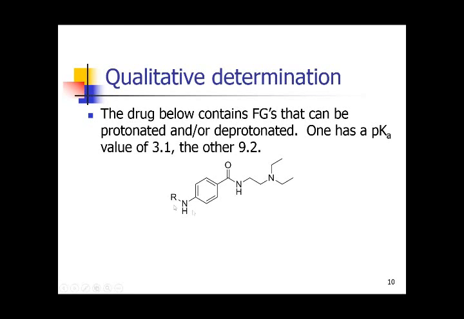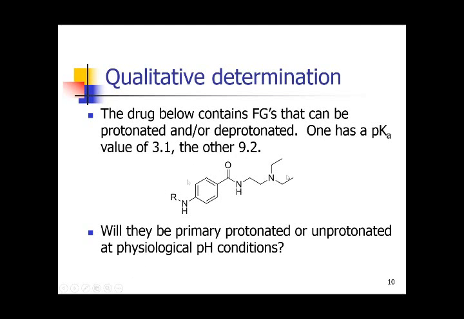If I protonate here, put an H on this nitrogen, it will have a pK of 3.1 because now it's an acid. If I put a proton on this nitrogen, it's now an acid, it has a pK of 9.2. This is an amide. You ignore amides. Please never touch an amide. I've seen it so many times. Amides are neutral.